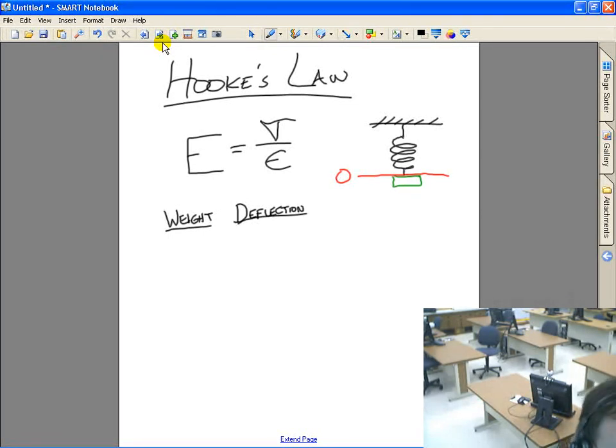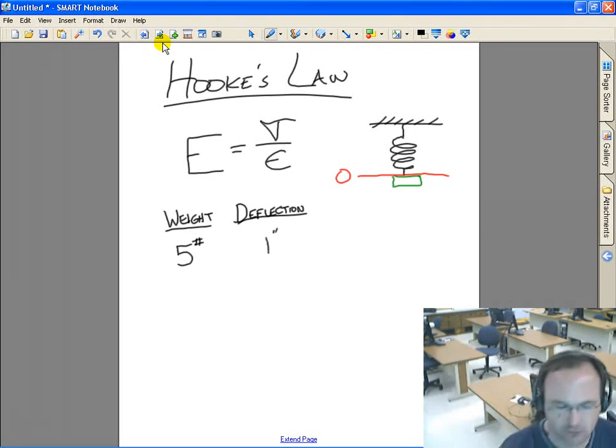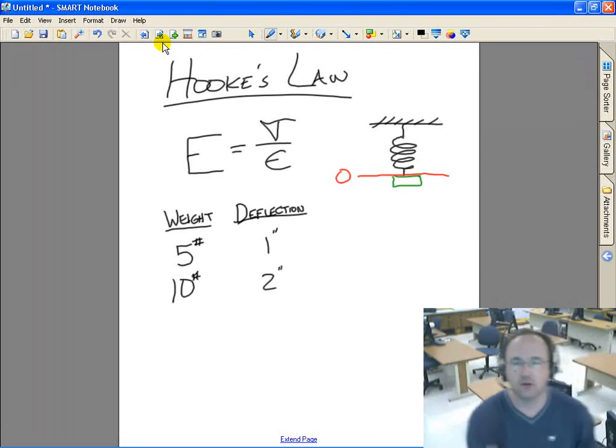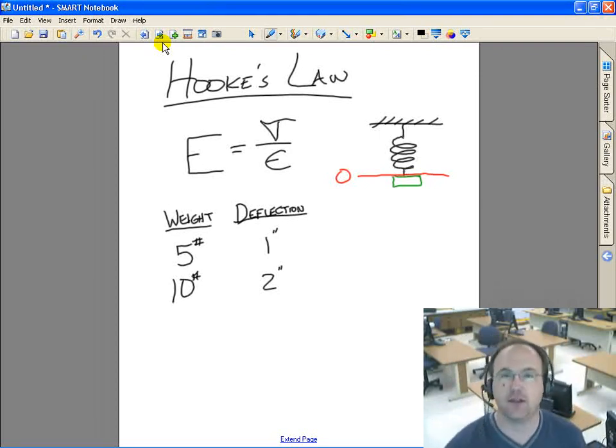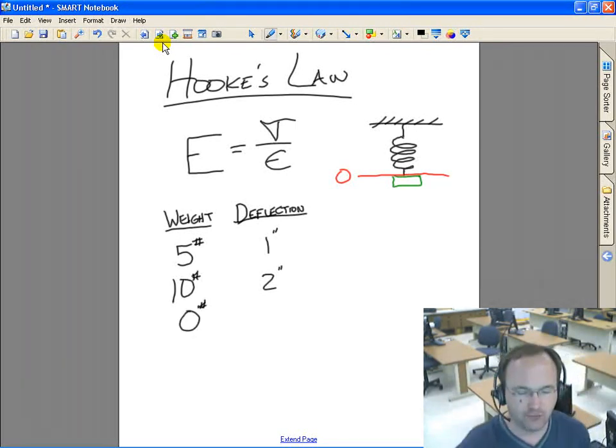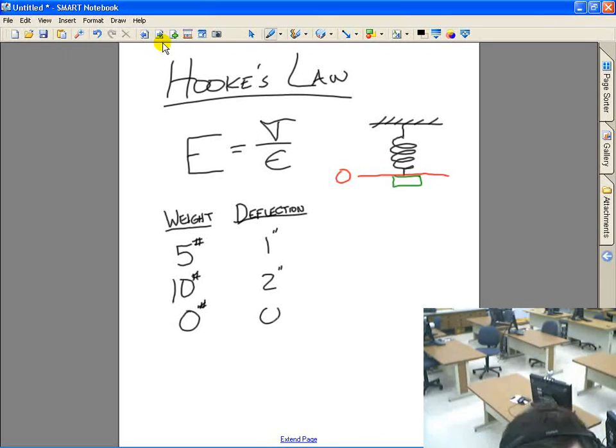How far did this drop? If I put 5 pounds on it and it drops 1 inch, then I put 10 pounds on it and it drops 2 inches. If it was homogeneous, isotropic, linear elastic, and we hadn't reached the elastic limit yet, what would happen if I put 0 pounds? I took all the weight off. Where would we go back to? 0.